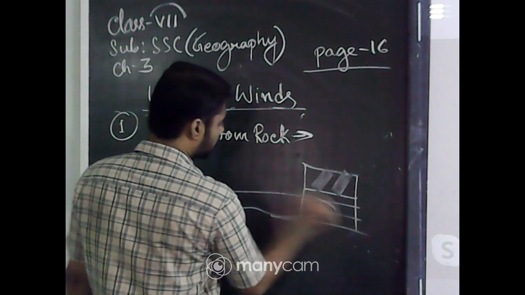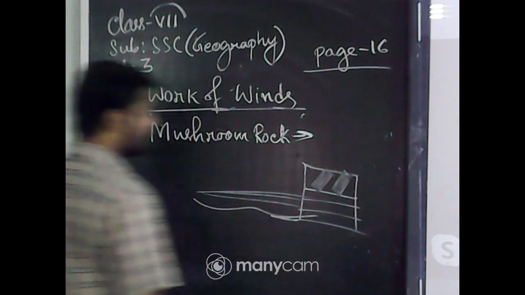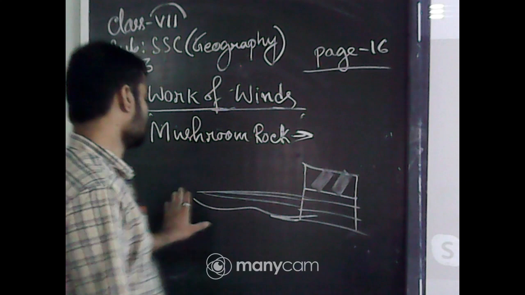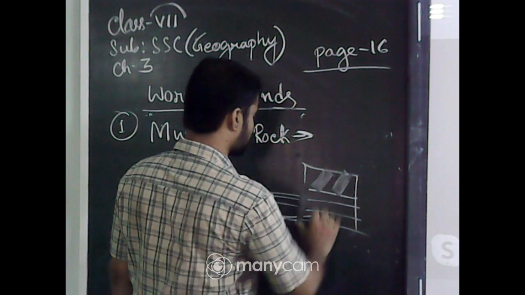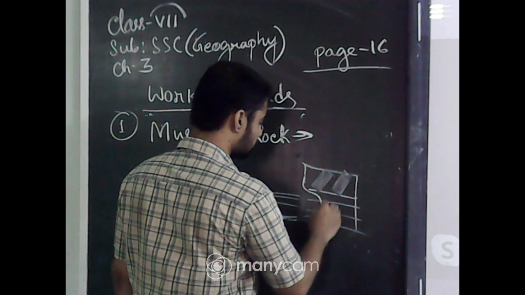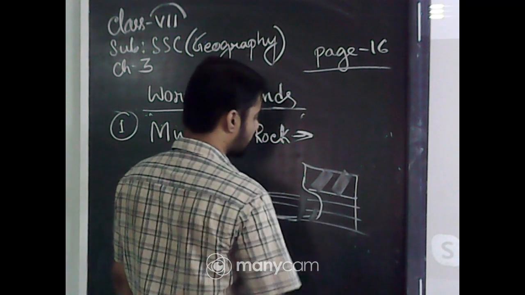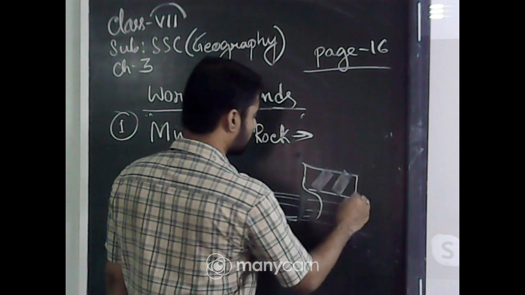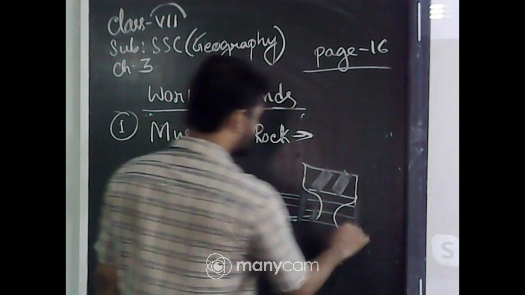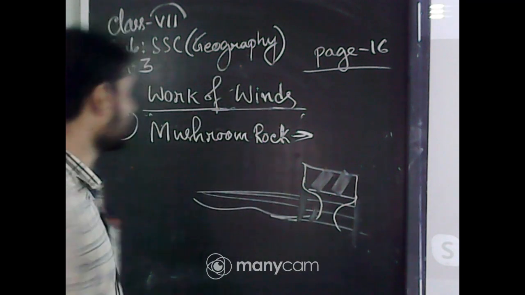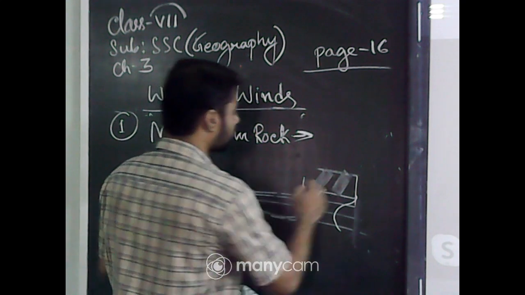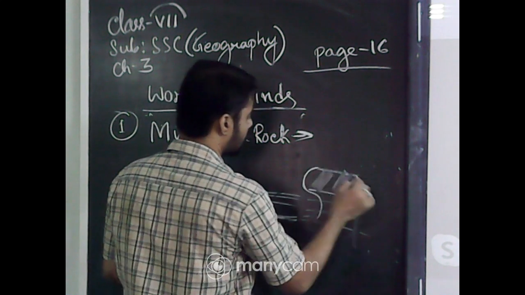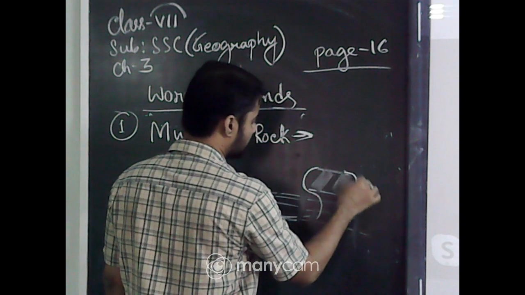The wind blowing through the surface erodes the lower portion of the rocks, and it cannot erode the upper portion of the rock completely.